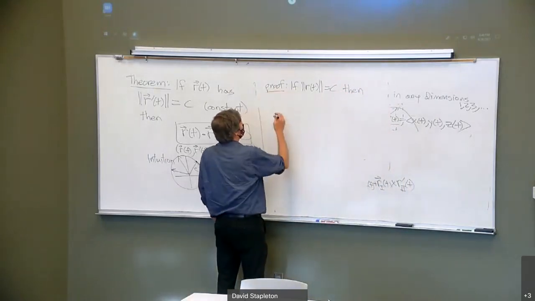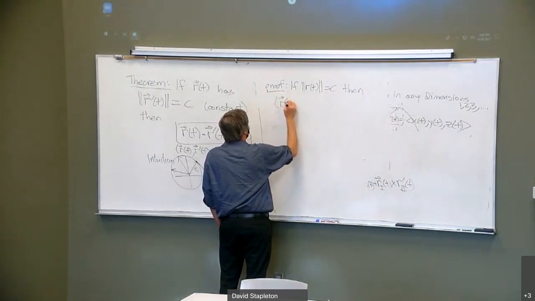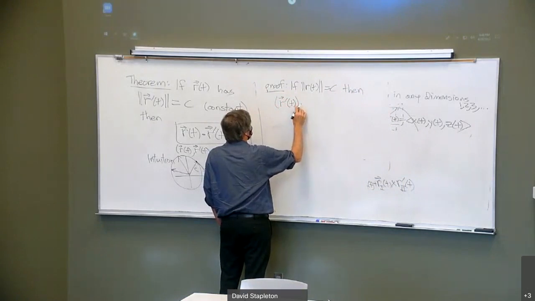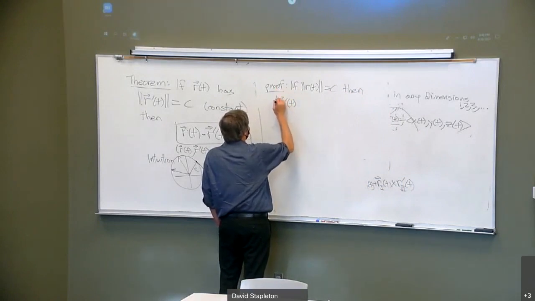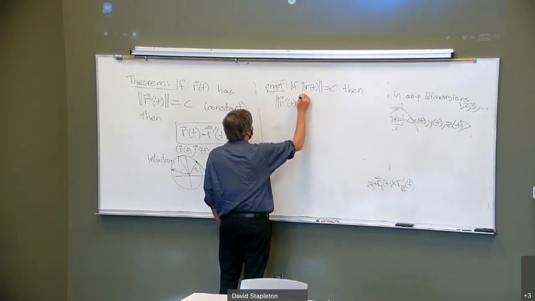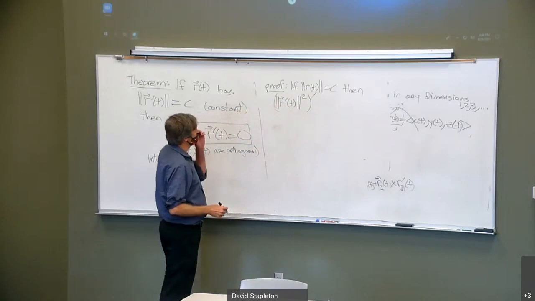Then what happens? What is the derivative of the length of r prime of t squared?